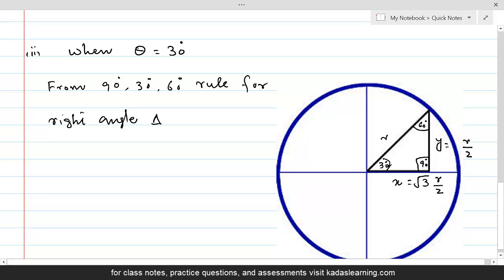We have done this in earlier lessons. You can refer to that lesson, and let's name this triangle as O, P and M.